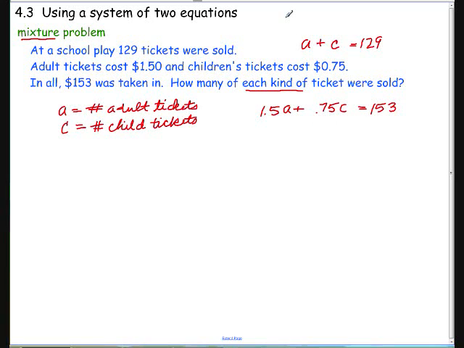So I do have, let's see, 2 variables and 2 equations. If you have 2 equations with 2 variables, you can always solve the problem. Now, I am going to convert this into fractions.